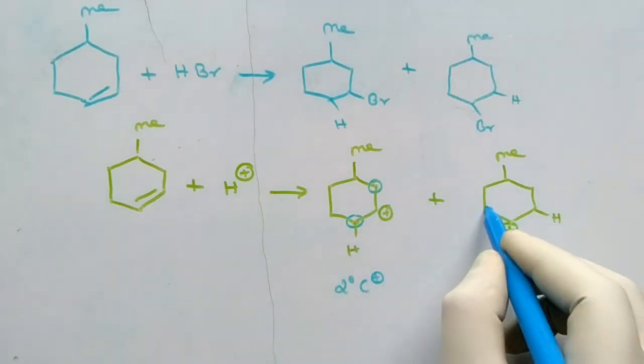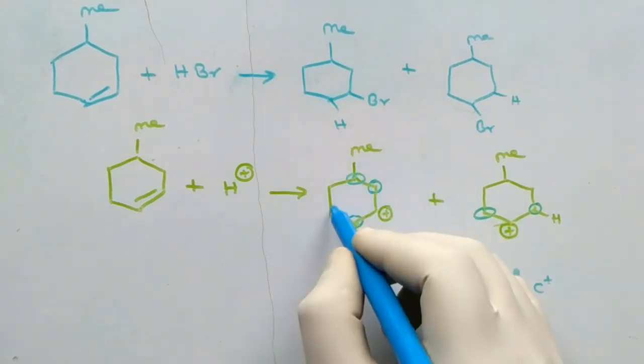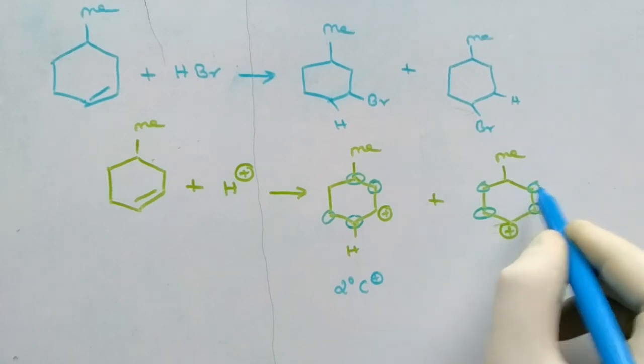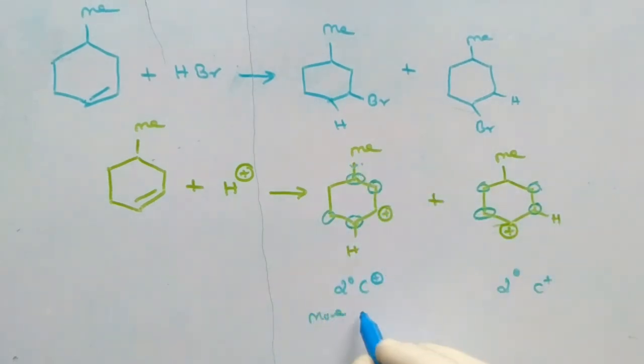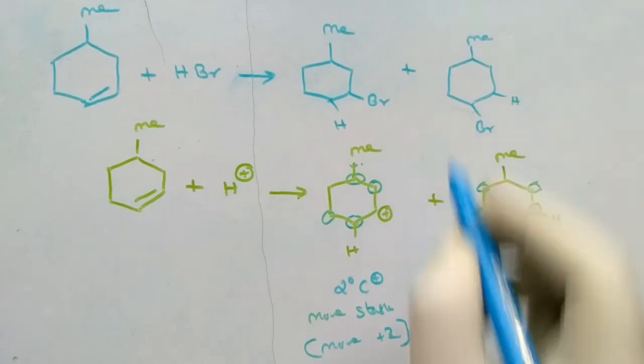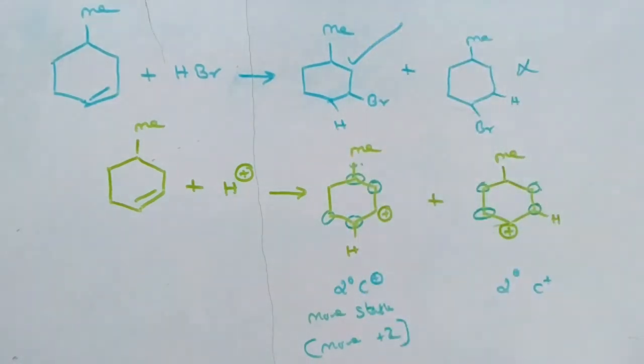Now we need to find which is the more stable carbocation by looking at the nearest carbons. The first one is more stable due to more inductive plus I effect. So the first product is the most possible product of this reaction than the second one.